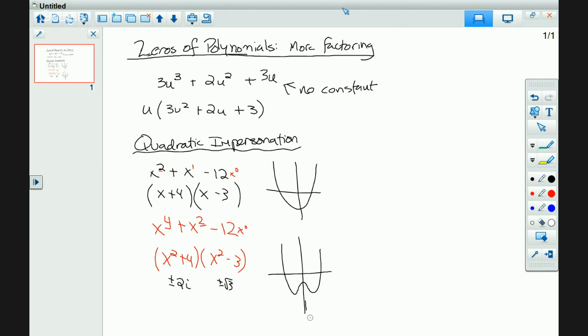So that's probably what that looks like. That's your question? Is it any different? No, what are the factors?